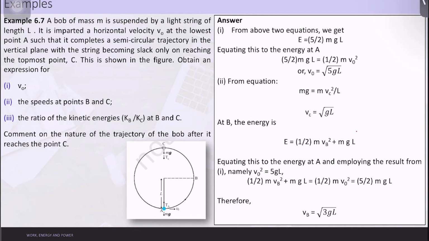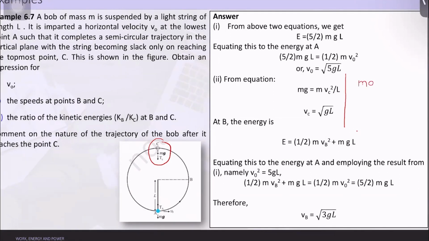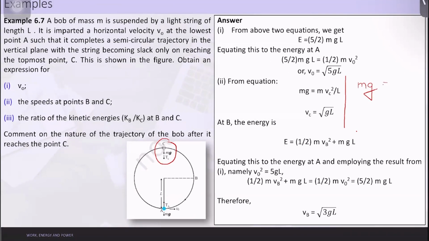Let's move on. Now from the energy concept and Newton's second law of motion which were applied here, we got that mg is equal to m v square by r, so it's Vc square by l. The m gets cancelled. Therefore, we got the velocity at the c location as under root gl.